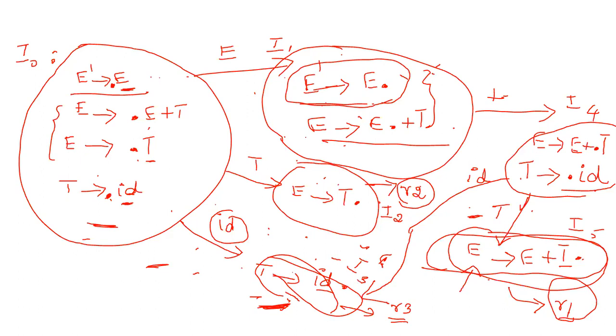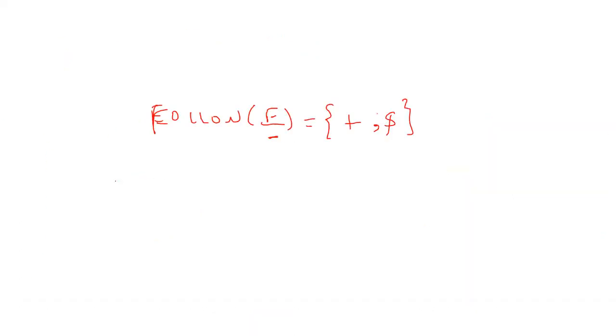And R3, that is I3. In I3, the third production has been reduced. What is the production? T implies ID. This is the third production. So we need to find follow of capital T. What is follow of T?